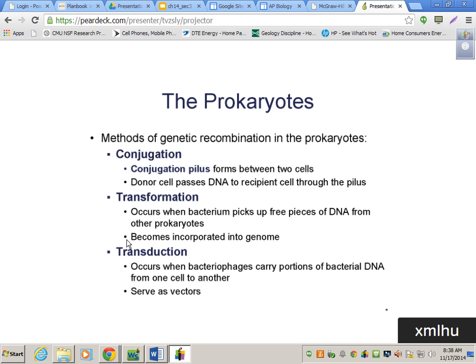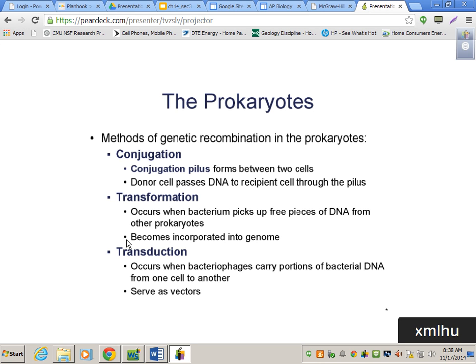And then, of course, there's transformation. We've talked about this already. How we can take a gene from one organism and put it into another, just like the jellyfish gene that we took a look at. This occurs when a bacterium picks up free pieces of DNA from other prokaryotes.